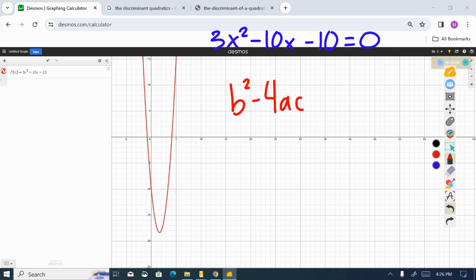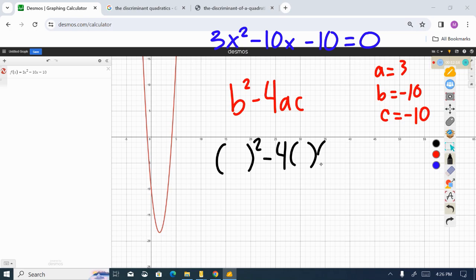Let's figure out our A, B, and C. A is equal to 3, B is equal to negative 10, and C is also equal to negative 10. So let's plug in our values for B, for A, and for C. B is going to be negative 10, A is 3, and C is negative 10. And so negative 10 squared is equal to positive 100.